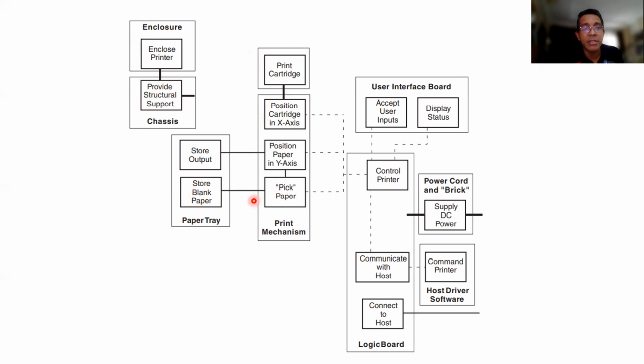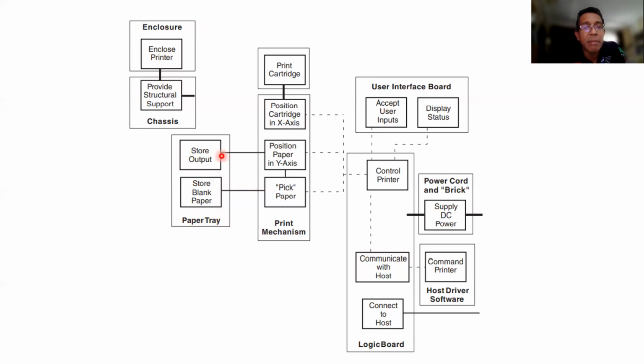The arrows show the interactions between chunks. So for the clustering I mentioned just now, we have 1, 2, 3, 4, 5, 6, 7, 8, around 15 chunks. When we cluster, we reduce to only 9 clusters. For the enclosure, they have the chassis, combined with the paper tray, of course with the store output and input.